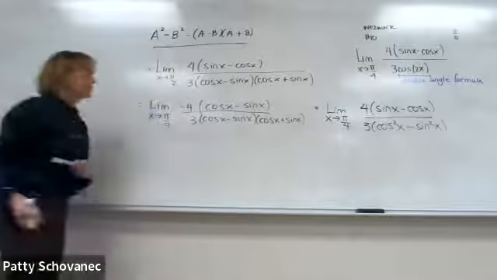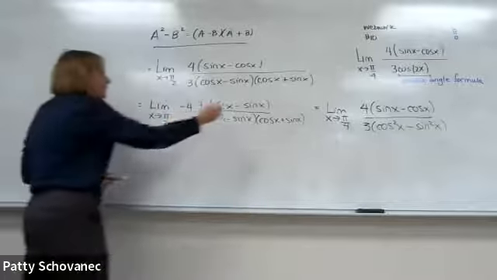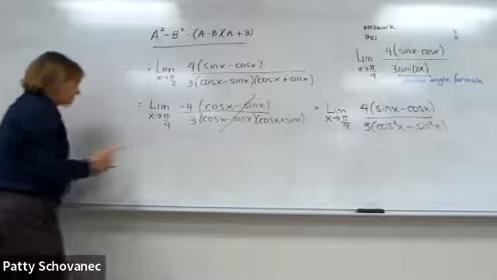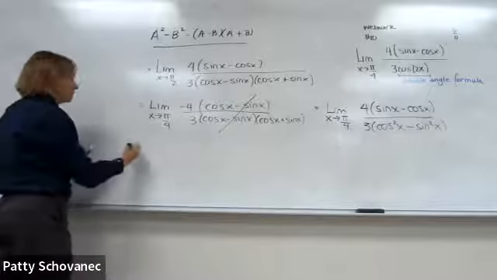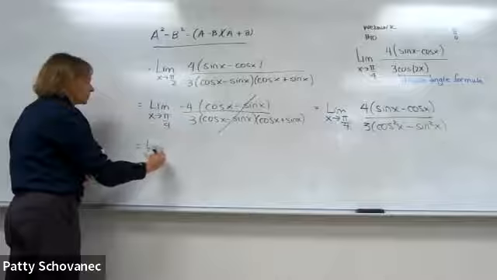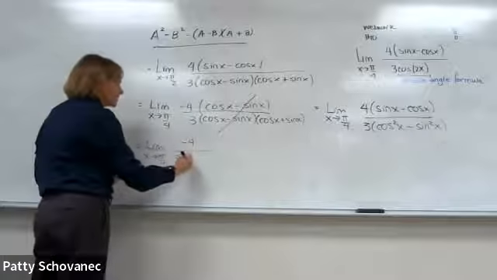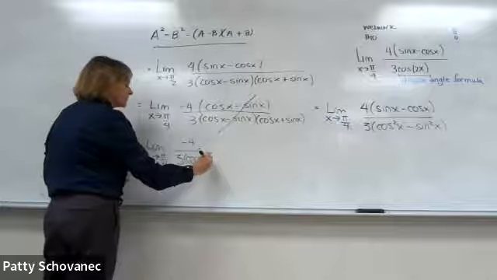And next step, it'll cancel. Cancel here, write down what's left. I'm not going to have 0 over 0 anymore because I just have a -4 on top. On the bottom, I have 3 times cosine of x plus the sine of x.